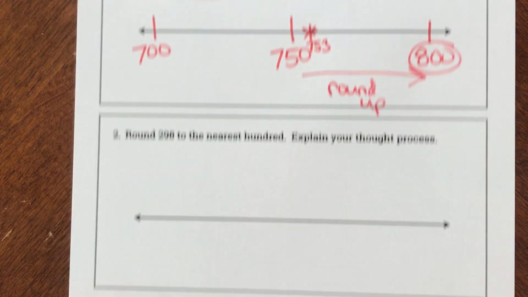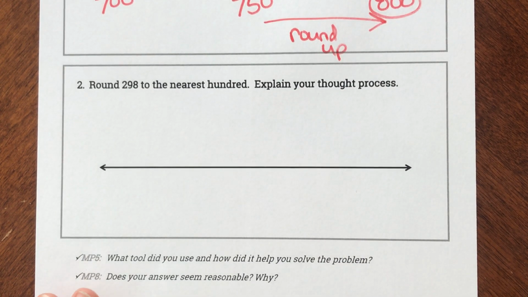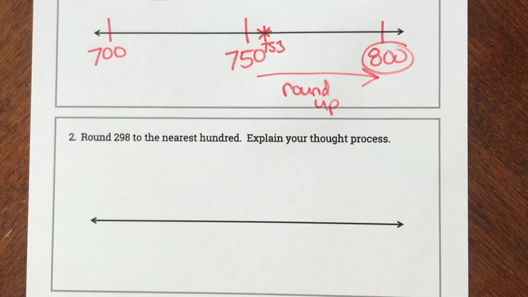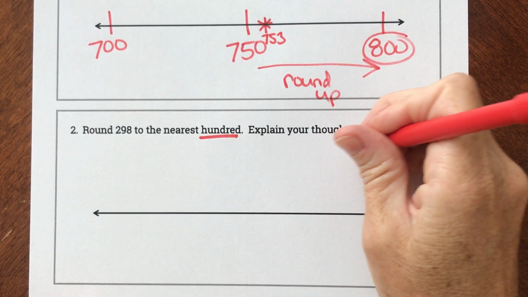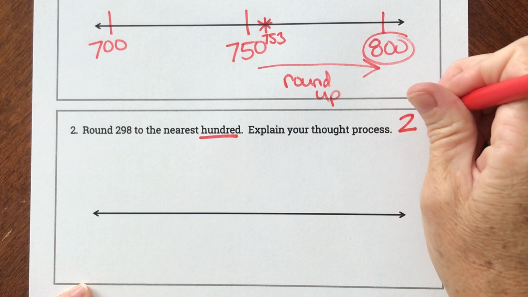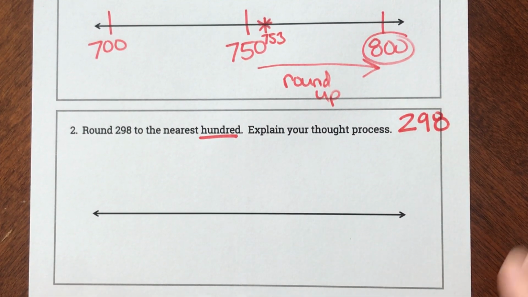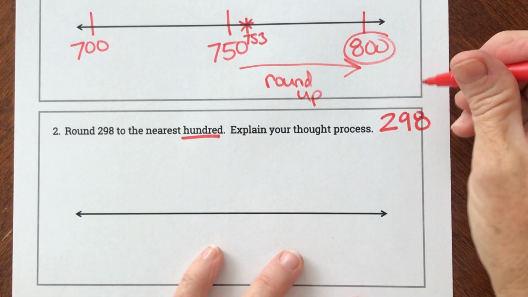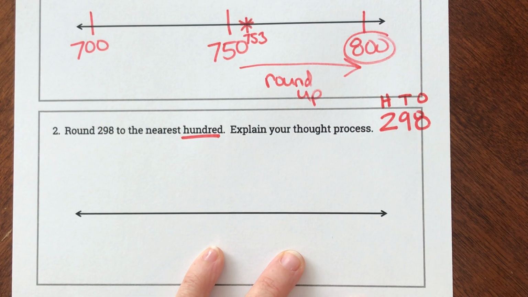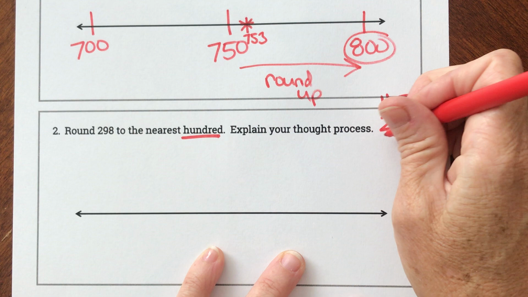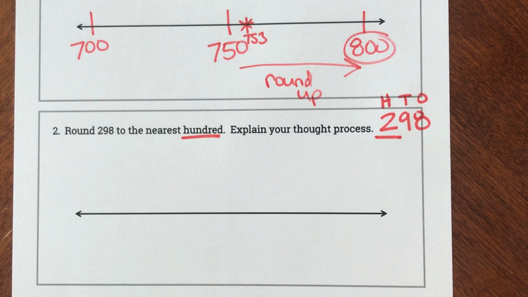My next one is round 298 to the nearest 100, and then explain our thought process. Again, I like to write it, so I'm going to rewrite it over here. So 298. And what do I know about that? That's my ones, my tens, and my hundreds. So they want me to underline my hundreds place value.